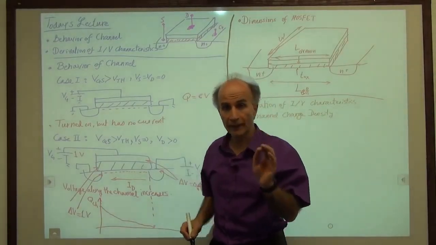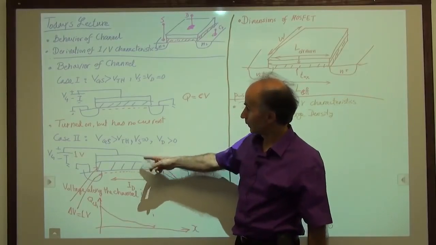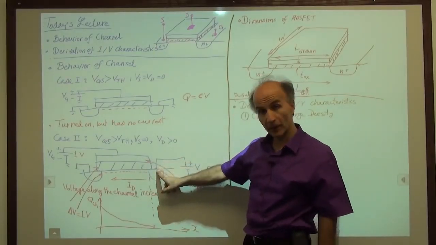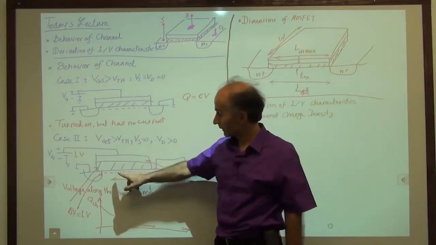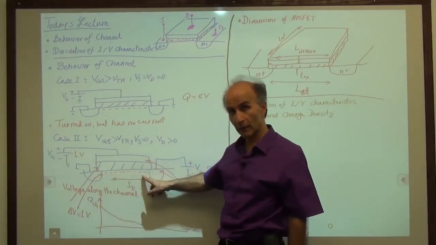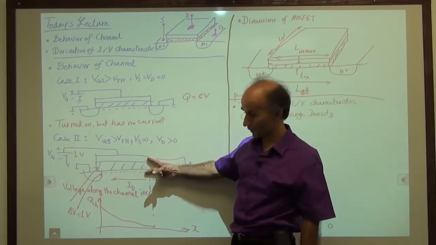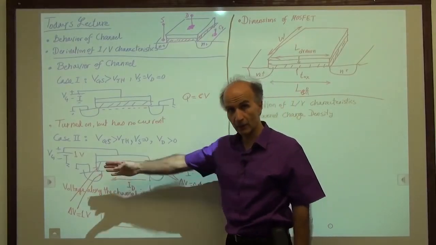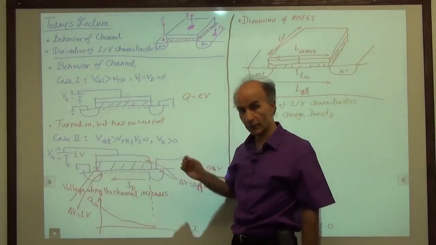We qualitatively studied it here. We said that if there's a drain voltage applied, then the channel charge density is not constant. It's maximum over here and minimum over here, because the voltage across the capacitor decreases as we go from the source towards the drain.